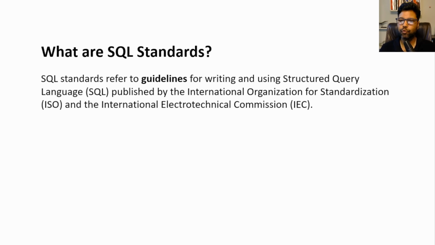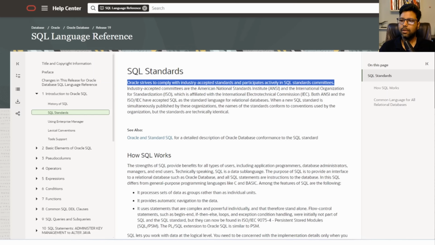So there are various vendors, right? In the previous session, we learned about different offerings from multiple vendors. Let's look at some of the standard pages offered by different vendors. In this case, this screenshot is taken from the Oracle website and it clearly states that Oracle complies with the industry accepted standards, right?